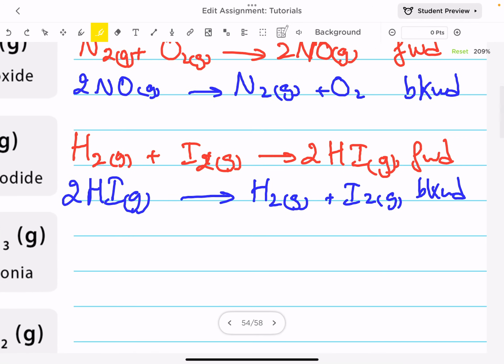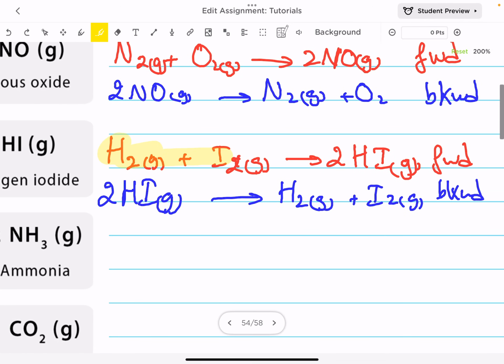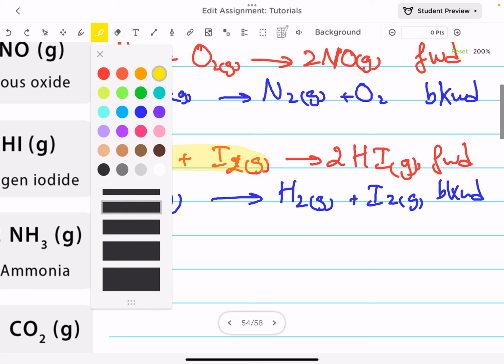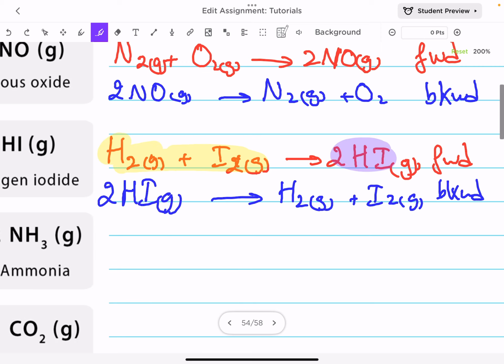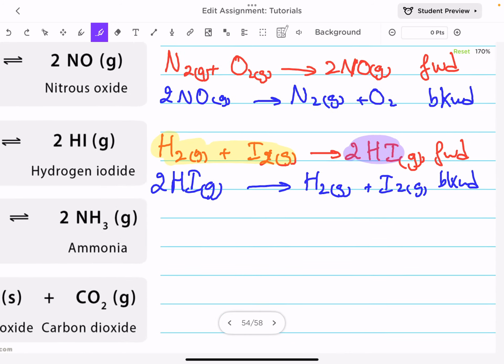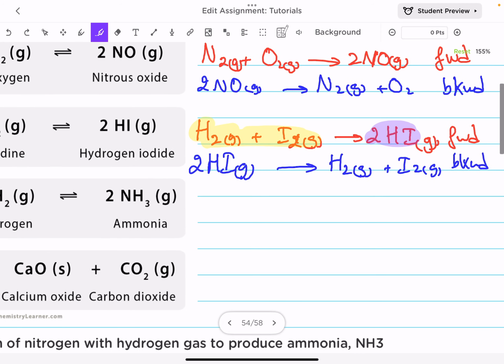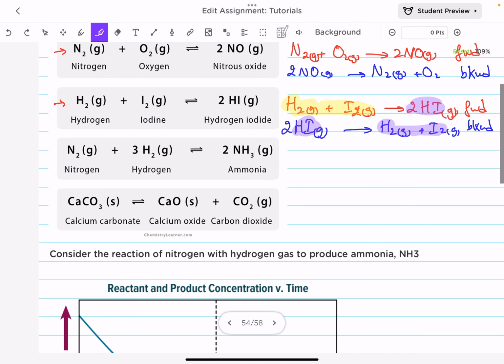So if I start in a forward reaction, H2 and I2 are called reactants, and HI is the product. Now, if I am dealing with the reverse or backward reaction, then HI here is playing the role of a reactant, and H2 and I2 are playing the role of a product.